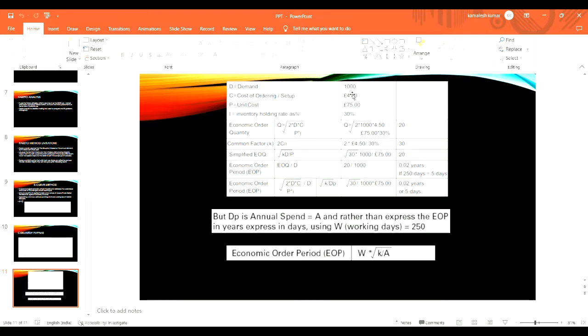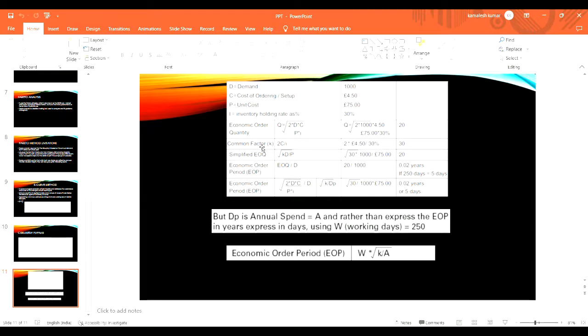D is 1000, C is the ordering cost, 4.50, P is the unit cost, 75, and I is 30%. On solving, we get the value as 20.